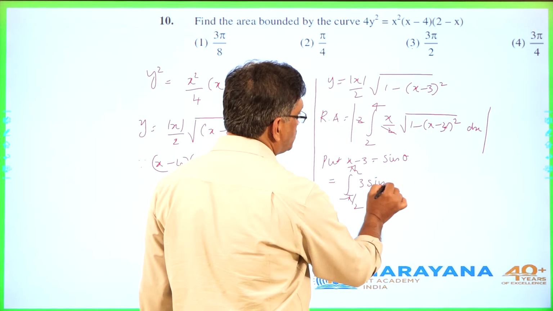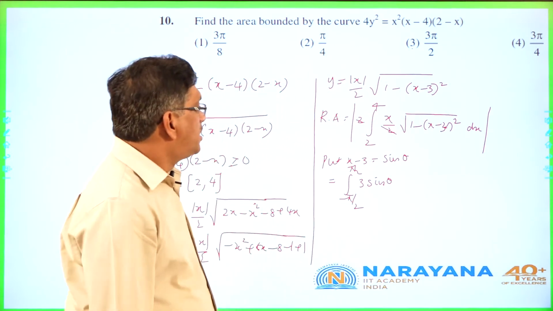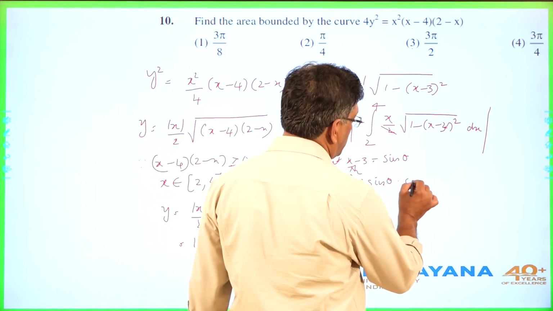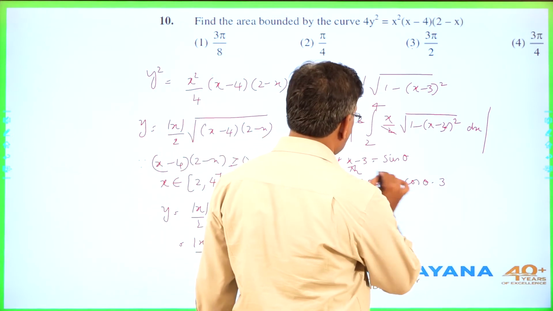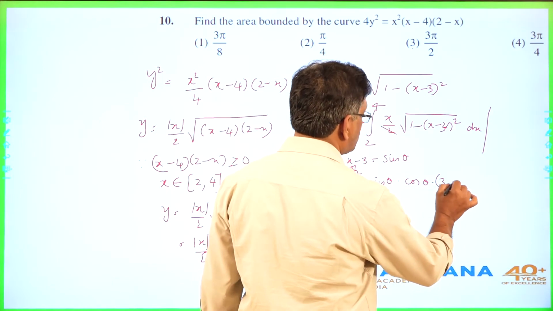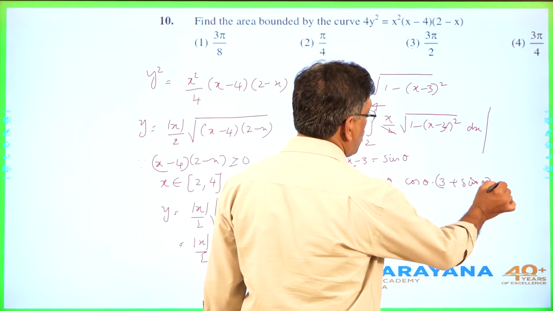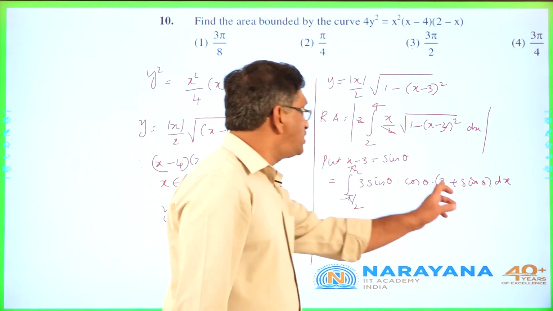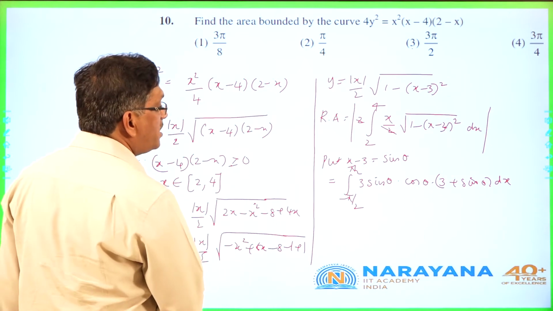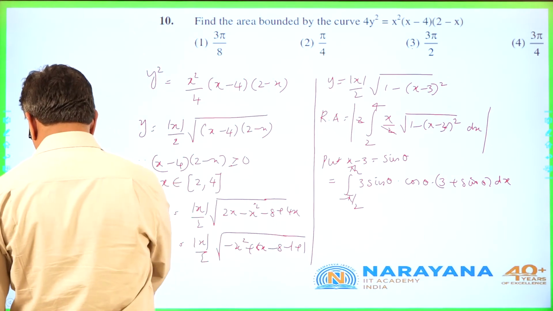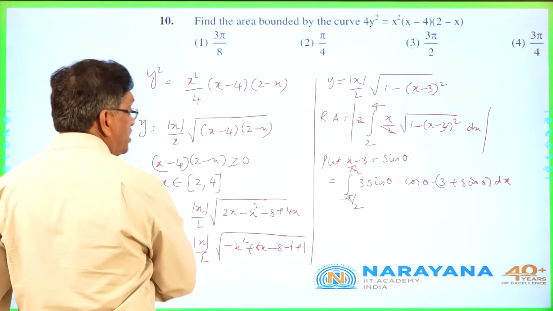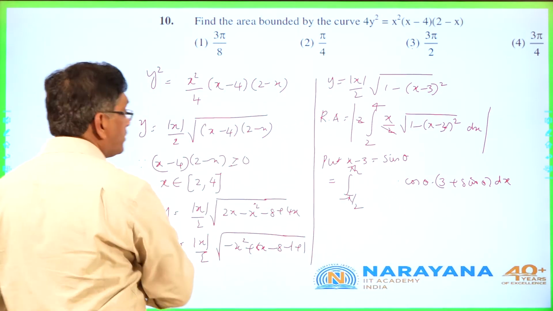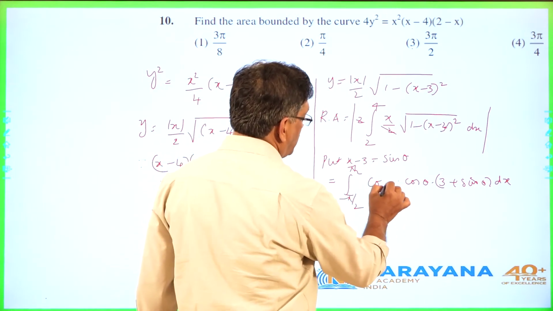Here it is 1 minus sin square, that is cos square, so root is cos theta. Here your x is 3 plus sin theta, and dx is cos theta d theta, right? So, I am writing like this.